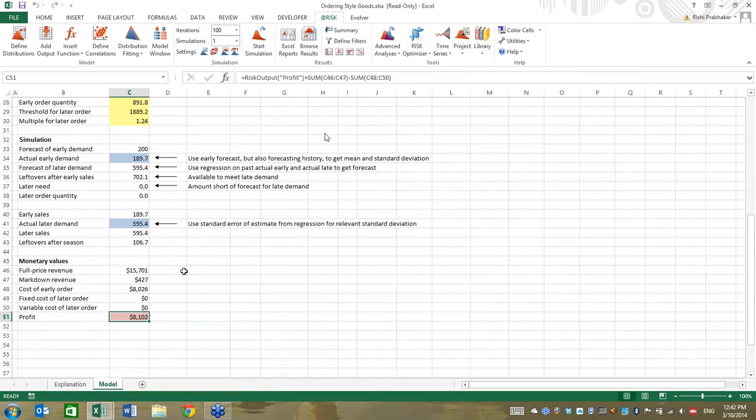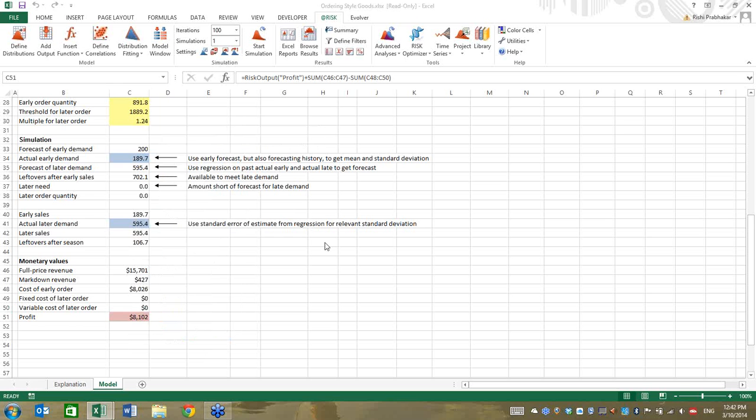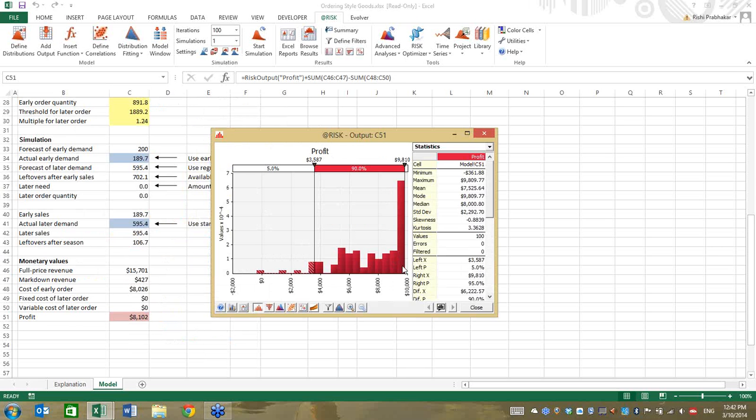For example, when I look at my output distribution, I see that there is quite a big spread of potential outcomes. Although the expected value is now good, have I actually made a shape that I like compared to what I saw previously? Perhaps the standard deviation is too high.